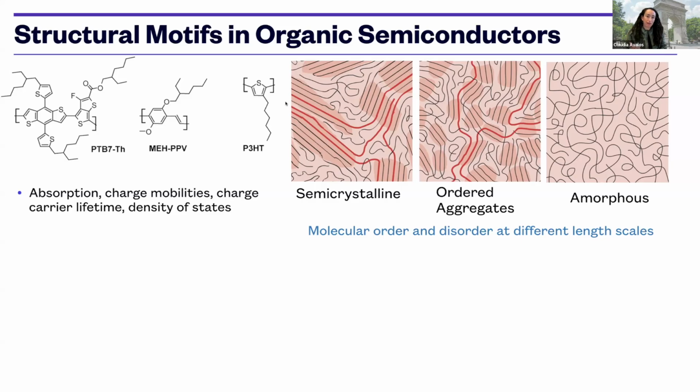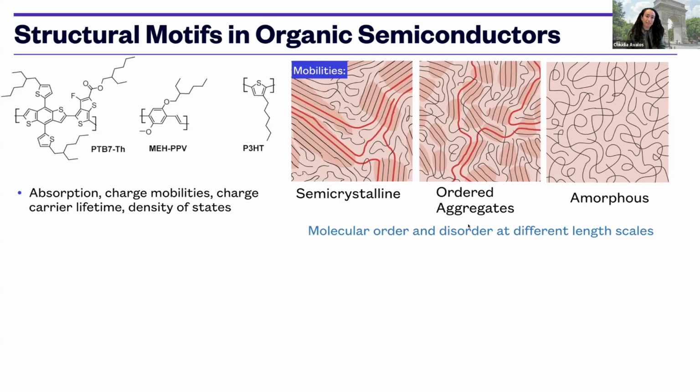For example, along the pi-pi stacking axis there's always a certain degree of disorder that leads to the semi-crystalline nature of this class of systems. So we have semi-crystalline, ordered aggregates, and amorphous systems, and a lot of molecular order and disorder at different length scales.